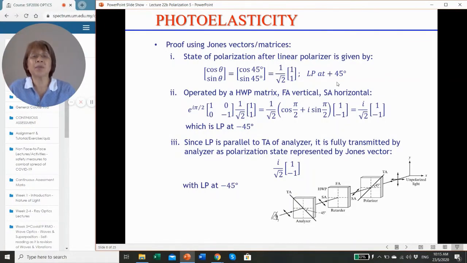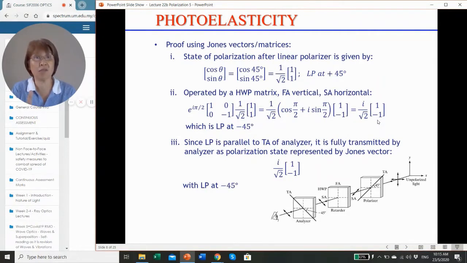And then we operate on this with a half-wave plate matrix, where the fast axis is vertical, represented by this matrix here. So when you multiply that, your output will then be still a Jones vector.